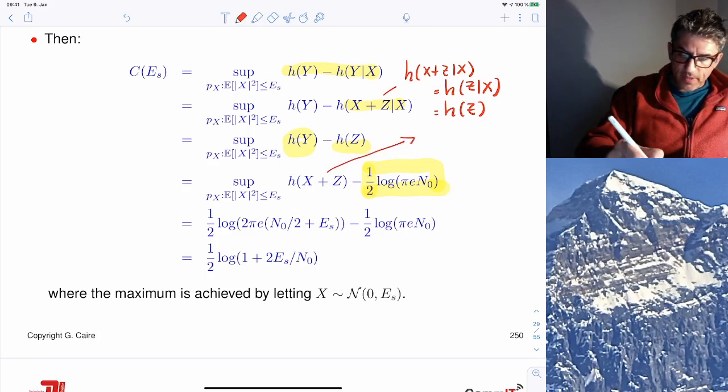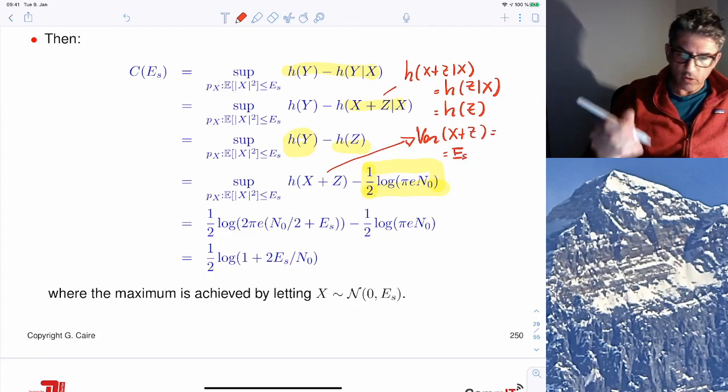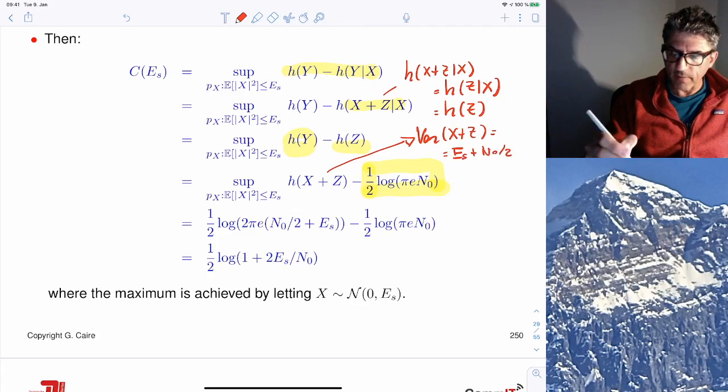well, x plus z, since x and z are independent, then the variance of x plus z is the sum of the variances. It must be variance of x, which is at most es by the constraint, plus variance of z, which is n0 half, right?